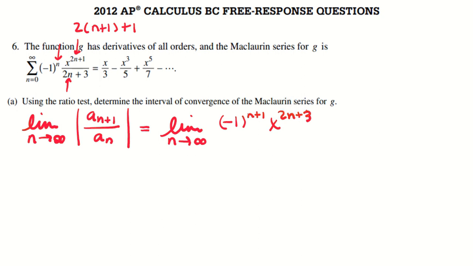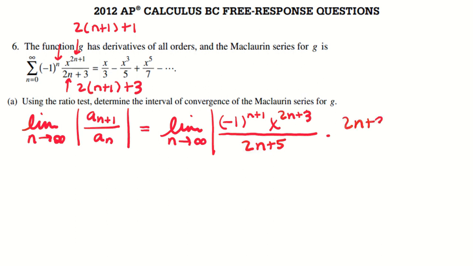Then in the denominator, when I plug in n plus 1, I'll have 2 times n plus 1, plus another 3, which will be 2n plus 5. Then I'll divide by the terms of the original, so that'll be 2n plus 3 in the numerator, and negative 1 to the n, and x to the 2n plus 1 in the denominator.